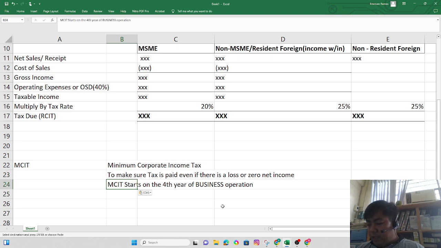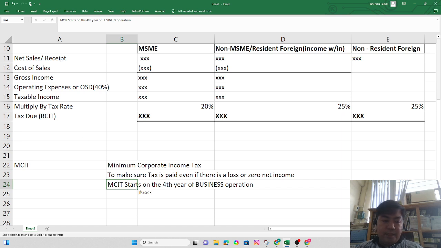So take note that it is based on the year of business operation, not on the date of business registration. So that is a different term. Some corporation may be registered at an earlier date, but then started their operation only at a later date. So we need to consider that the MCIT starts on the fourth year of business operation.